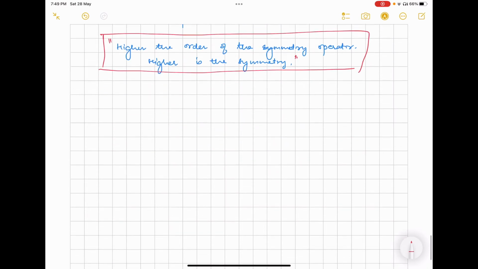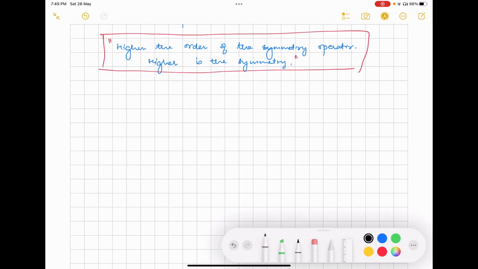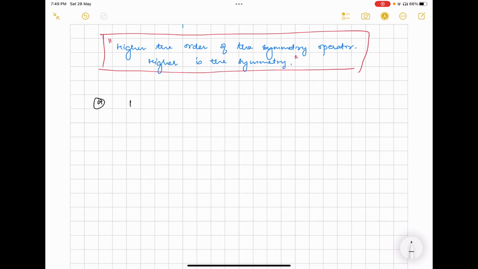So now let us begin with different kinds of rotation. So first was one-fold rotation. In one-fold rotation, the point comes back to its original position.